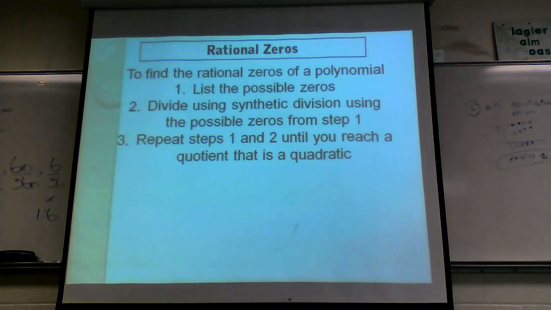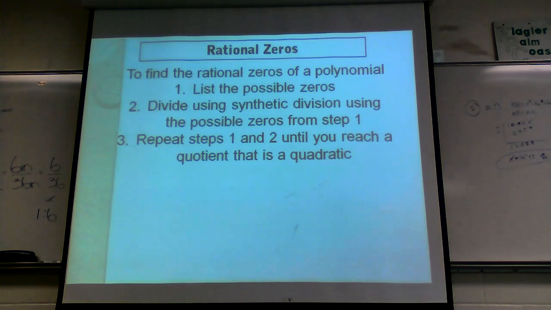For the things today, you don't necessarily have to do the Descartes rule. That'll benefit you more, like I said, when we get to the imaginary. But it might be a good thing because you can kind of do it in your head. If you look at it, you might be able to eliminate some of the possible zeros by doing the rule of sign change thing. But essentially it is find the zeros, use those possible zeros for synthetic division.